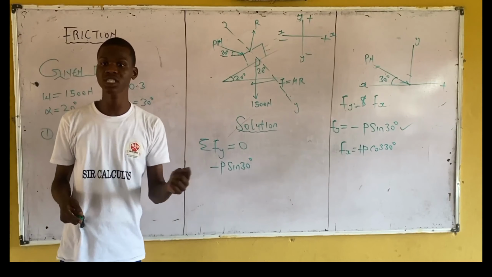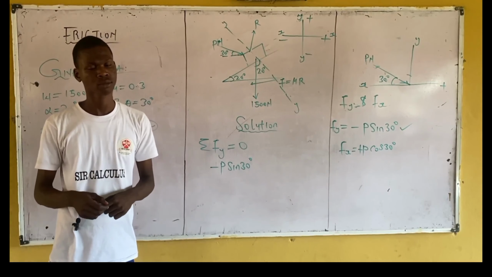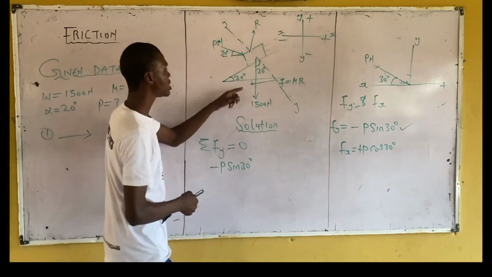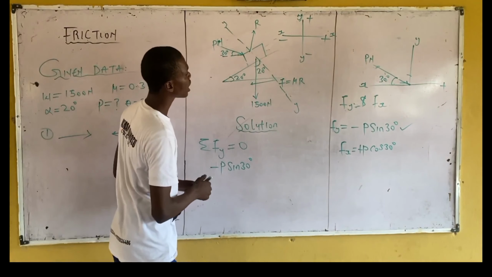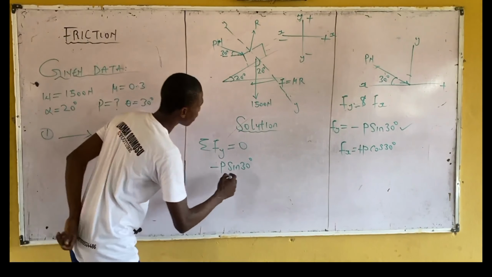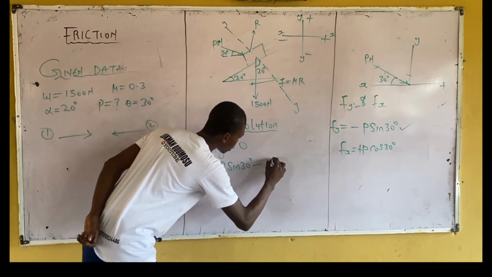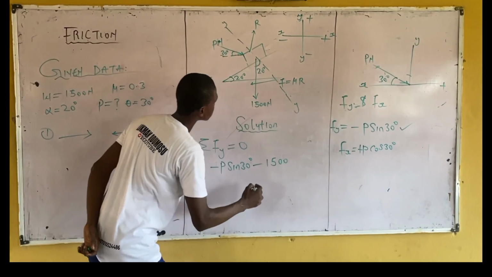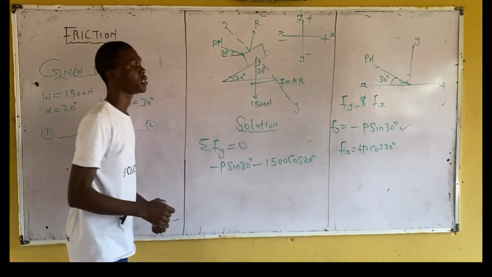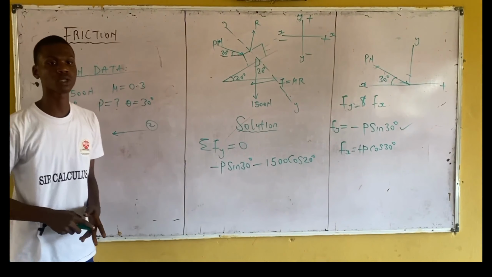What will be the sign? Positive or negative? Negative. It is negative. Why? Because it is acting down. So from here, you have negative 1500 cos 20 degree.